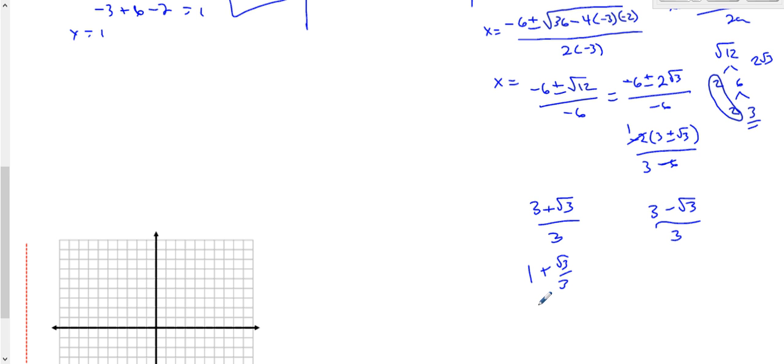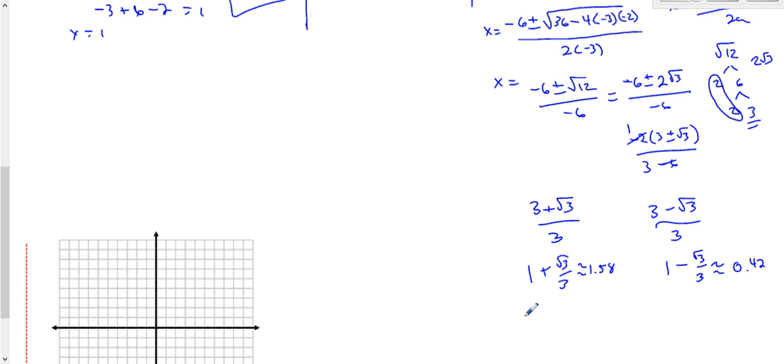That value as a decimal is approximately 1.58. When I simplify the other answer, I get 3 over 3, which is 1, and then minus the square root of 3 over 3, and that as a decimal is 0.42.